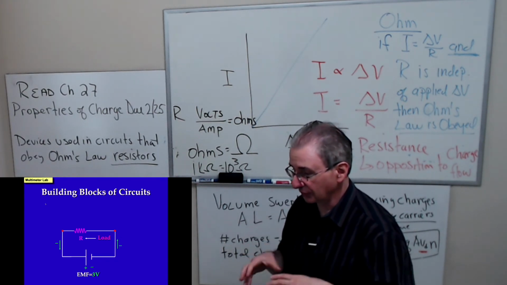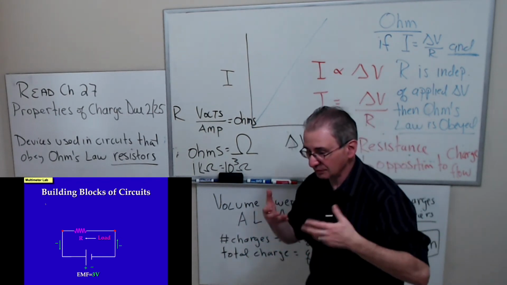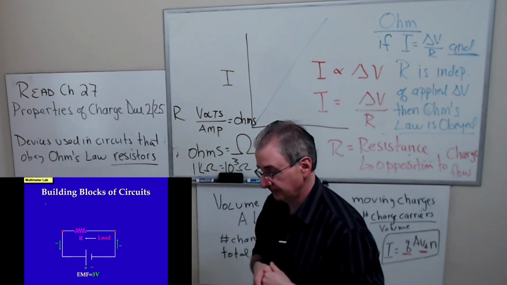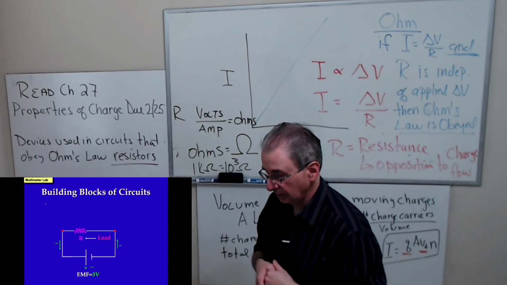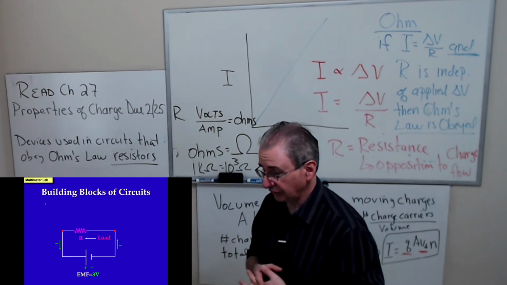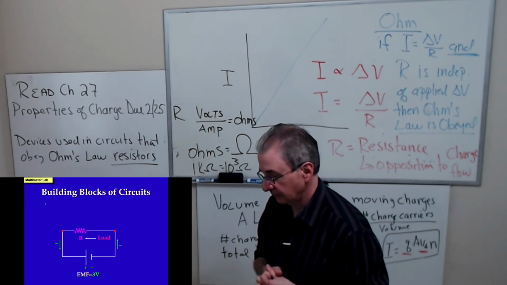So with something more resistive, you can expect more collisions, so you're going to see more energy being dumped into the material. And so the energy will be converted into heat. Does that answer your question?